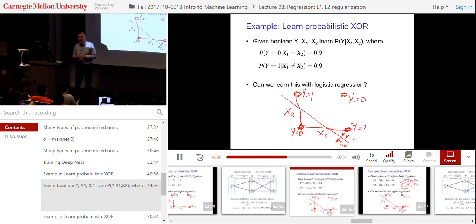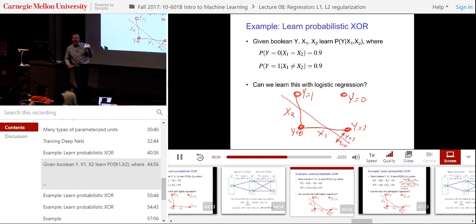And so here's what I want to do. I still want to train a probabilistic function, and we will. But obviously, I need something more complex than logistic regression. And so I propose the following network architecture.